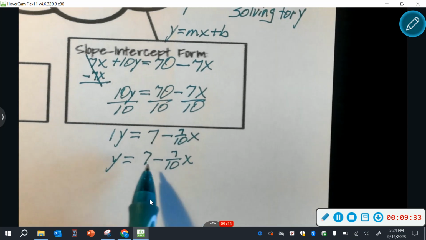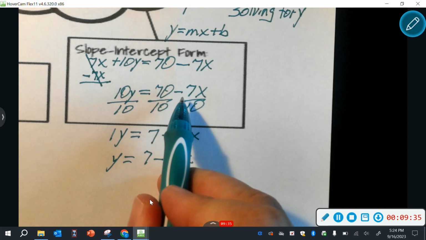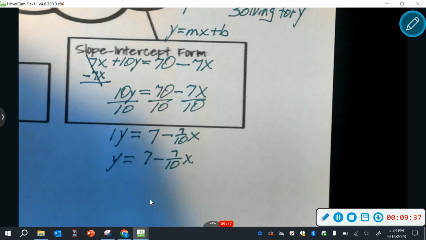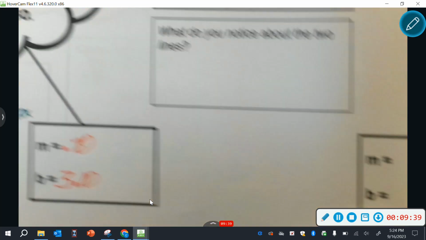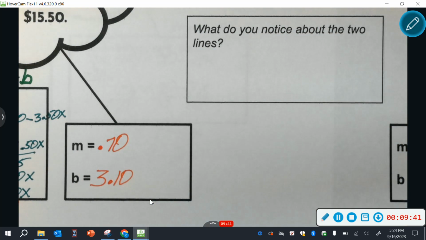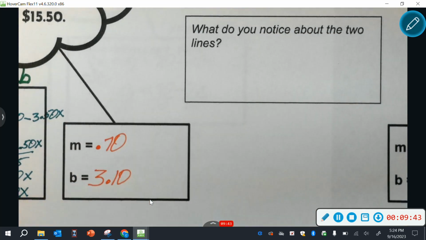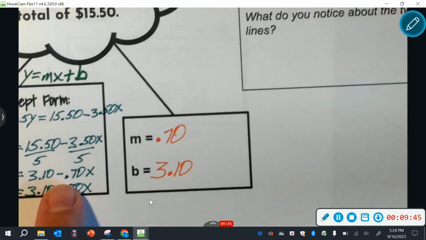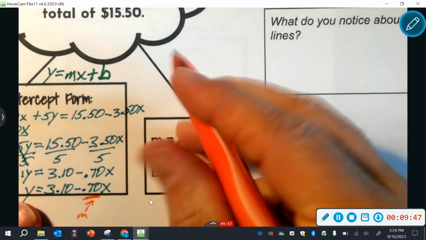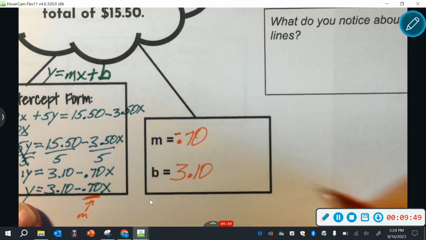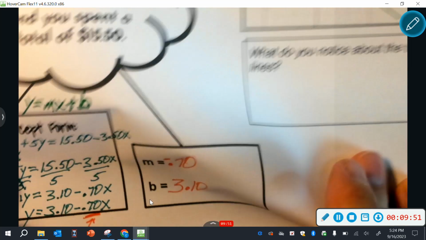Okay, so I forgot to put in the slope. Oops, I made a mistake there. Notice this slope is negative, so make sure you make that negative. Okay, my bad.